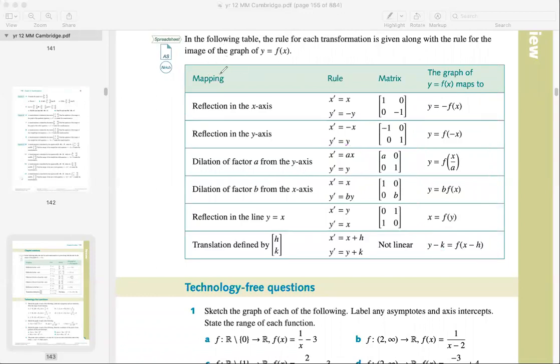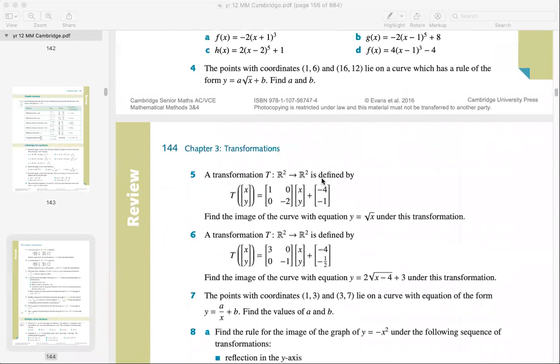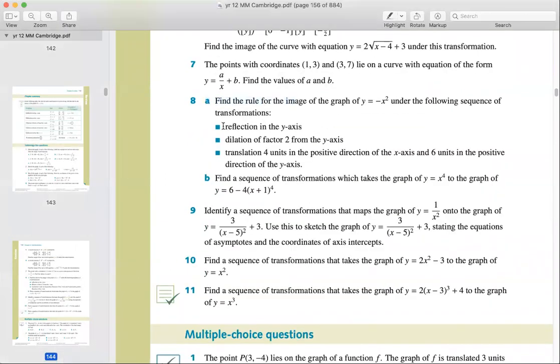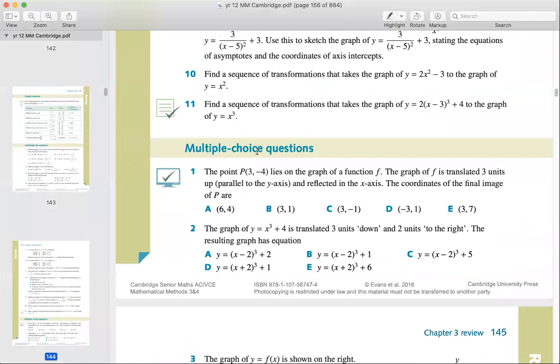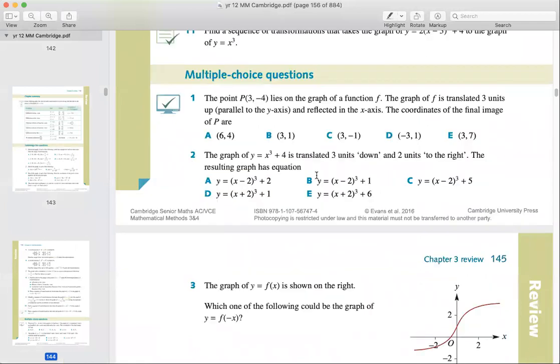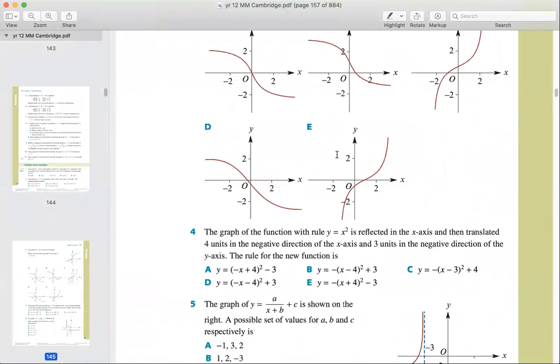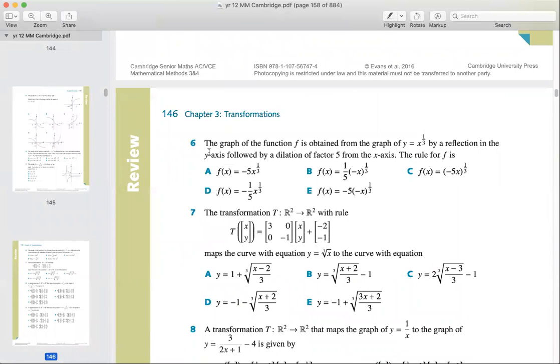Because using the coordinate method, we can do a lot of the following examples, such as maybe this one, the really long and tedious transformations, and this one, identifying the sequence of transformations, and of course our multiple choice, such as this one, and this one, and this one, this one.